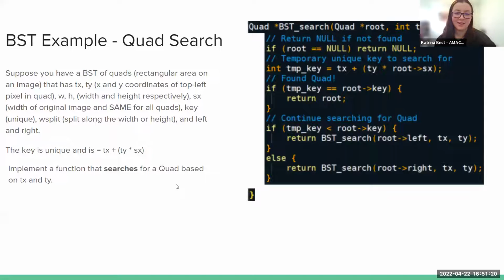So for this one, I kind of just had it all together. If it's null, return null, because you can't find it. You want to first set up that first unique key to search for. If you found it, return it. Otherwise, keep searching for it until it either returns null or it is null, or it returns the actual one.